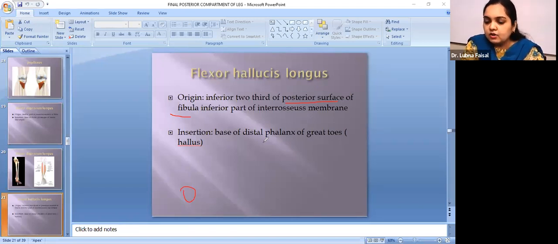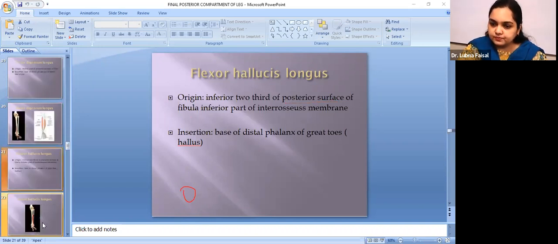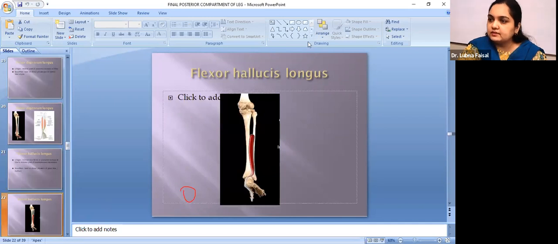The retinaculum will form a protective sheath, a separate compartment, for all these tendons that go into the foot, to the base of the distal phalanx of the great toe. Just have a look at this slide. This is the flexor hallucis longus, only for one toe. This is responsible for flexion of the great toe, and flexor digitorum longus is for all the lateral four digits.